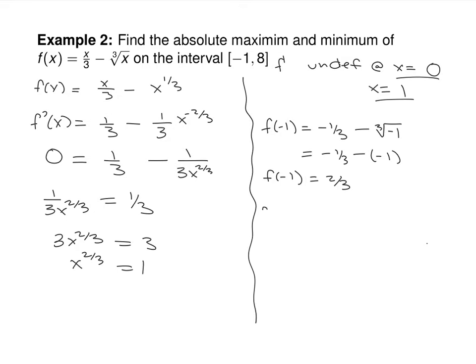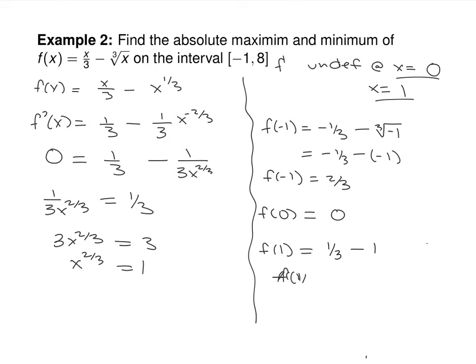Okay, so there's one of them. F of 0, easy. F of 0 is 0. Woo! F of 0 is okay, f prime of 0 is not okay, right? Okay. F of 1. That would be 1/3 minus 1, yes? So f of 1 is... so far that's the lowest, isn't it?